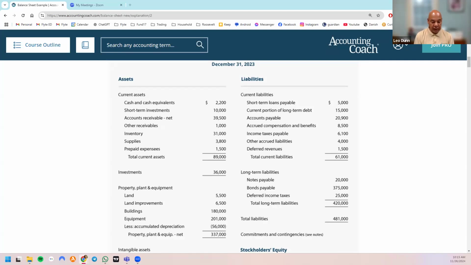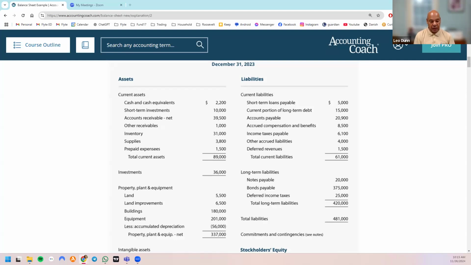And when it's fully depreciated, it means that for that equipment, we have expensed the entire $201,000 of that piece of equipment or those pieces of equipment. So at that point, for book purposes, that asset has a zero value once it is fully depreciated. That does not mean that it's not valuable to the business.